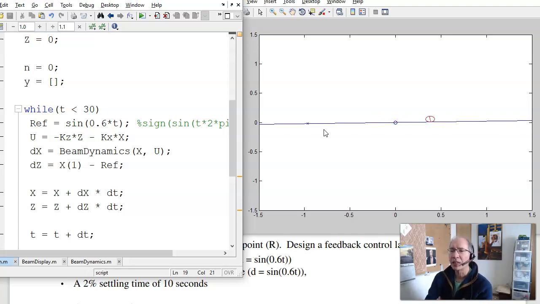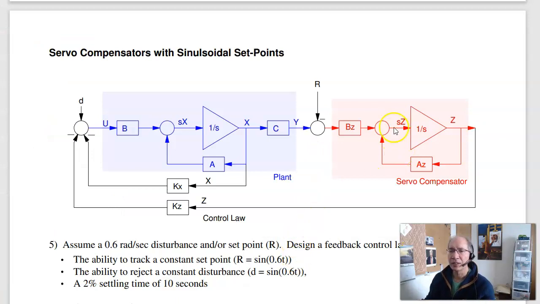How do you track a sinusoidal set point? Well, that's a slight variation on the servo compensator. A constant integrator tracks a constant. Now have the eigenvalues of Az at plus minus j0.6, and I will track a sine wave at 0.6 radians per second. Kind of how that works is this essentially has infinite gain at 0.6 radians per second.